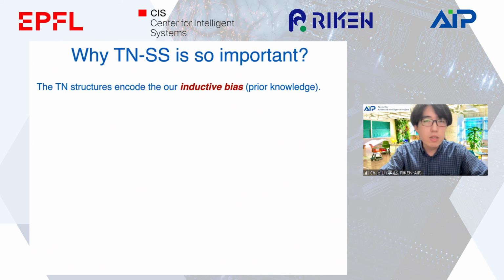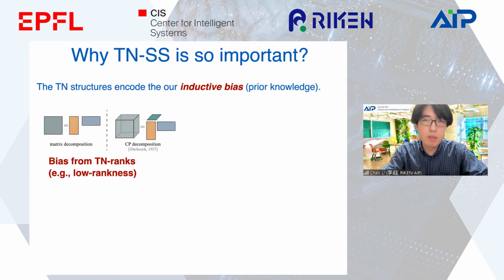And the efficiency of the tensor network for machine learning also comes from here. Because of the flexibility of the tensor network structure, we can encode as much of our prior knowledge about the task into the models.